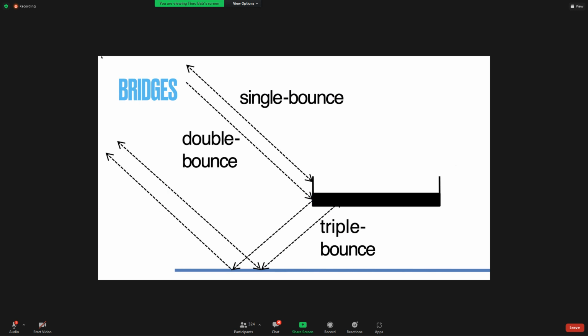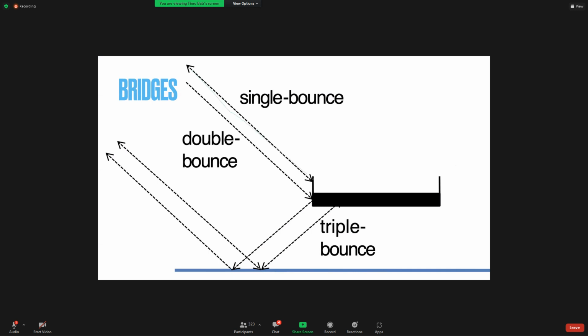For bridges over water, we often also find a triple bounce. So we hit the water, we hit somewhere under the bridge, that signal gets reflected back to the water and then back to the sensor. So three times bouncing, right? These are the signals that we see, and all of these signals have different running times.